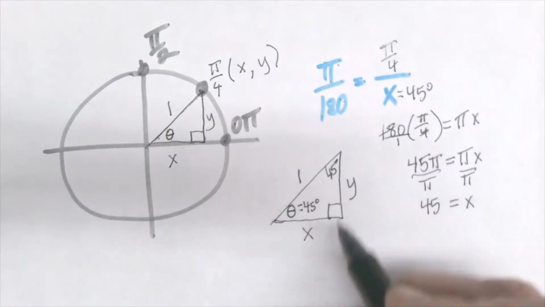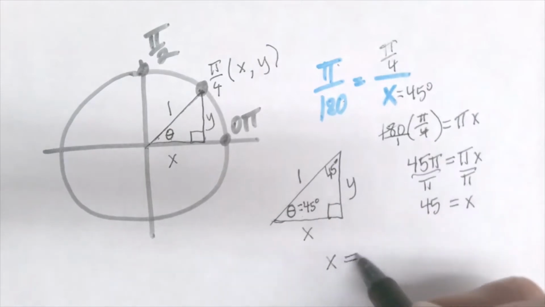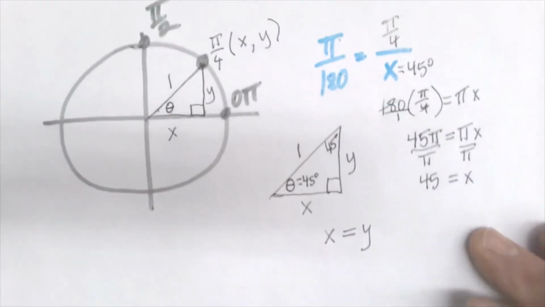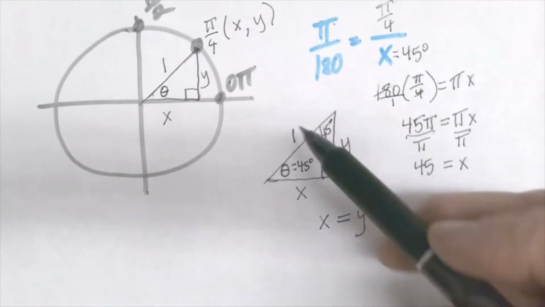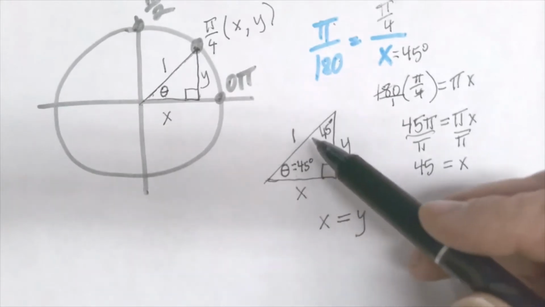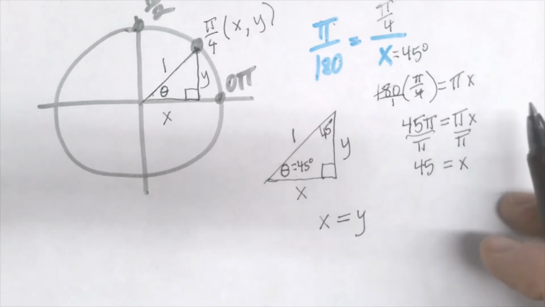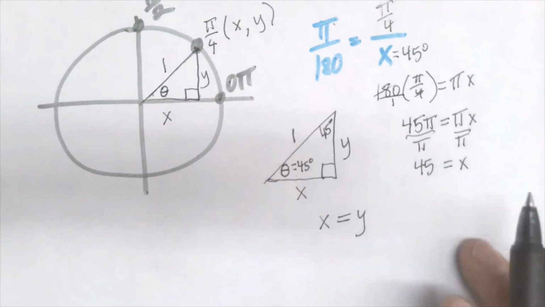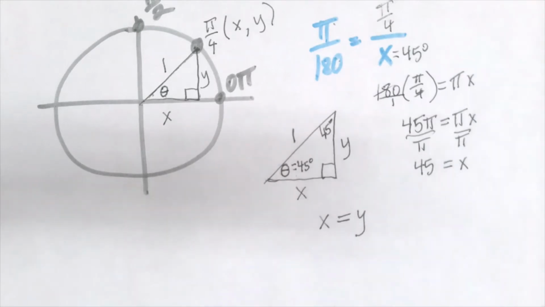And so I know that x equals y in this picture. And so again, a 45-45 right triangle, maybe you remember how that 45-45 right triangle looked.